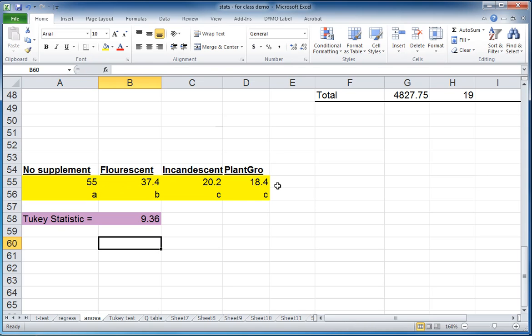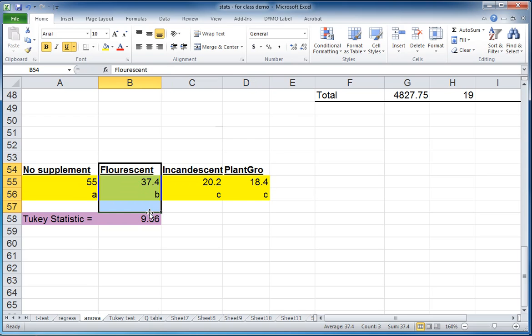And obviously, since these are smaller than this one, then this is different from both of these. So this one's in a class by itself at the top, more than 9.36 units from any of the others. How about this one? Well, we know it's more than 9.36 units lower than that. Is it 9.36 higher than these two? Yeah, it's 17, 18, 19 units higher.